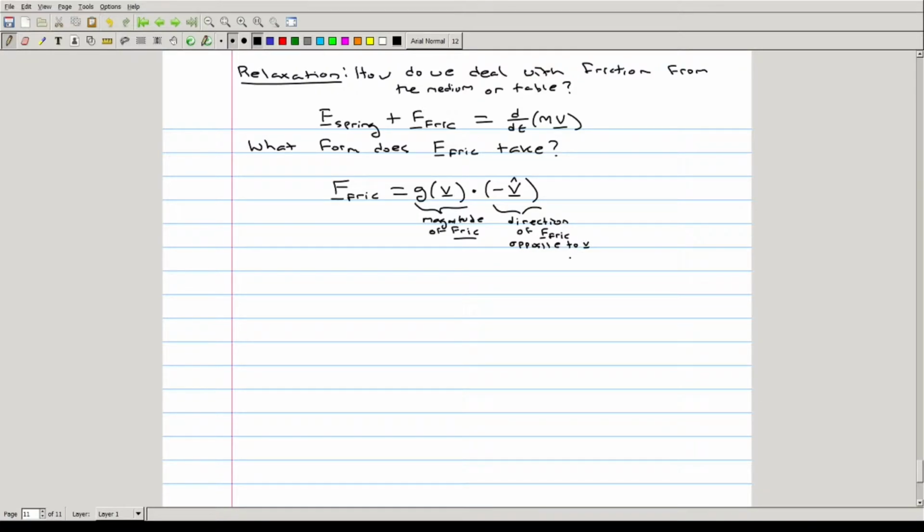It has to point opposite to the velocity vector, just like the spring force has to point opposite to displacement of the spring.